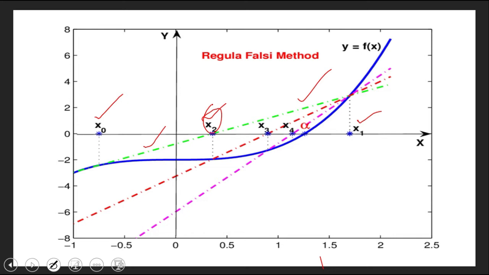Then again we ignore this interval, because now at x2 and x1 the function has different signs, and we draw another chord, we find this chord equation and substitute this value, and we find another x3 which is nearer, and the same way we go toward the root of the function.